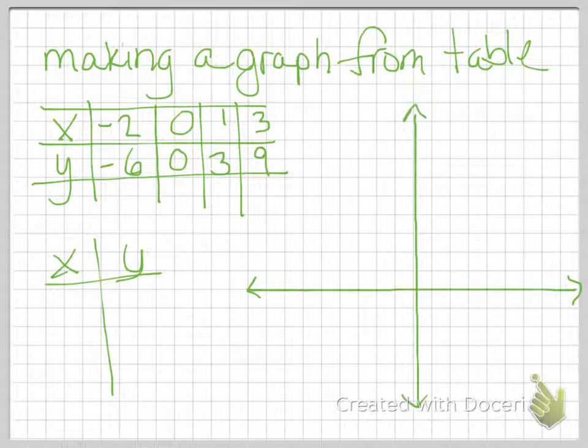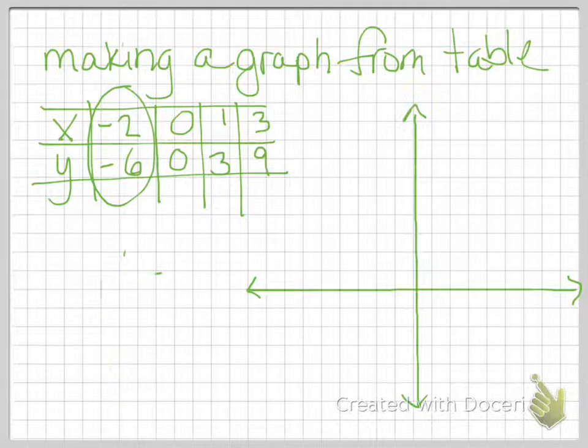And so I could graph those. So the first ordered pair is right here. If I wrote that as an ordered pair, I'll give myself more room, it would look like this. The X is first, and then the Y. And maybe for a while, if you keep forgetting that, maybe force yourself to label it XY.